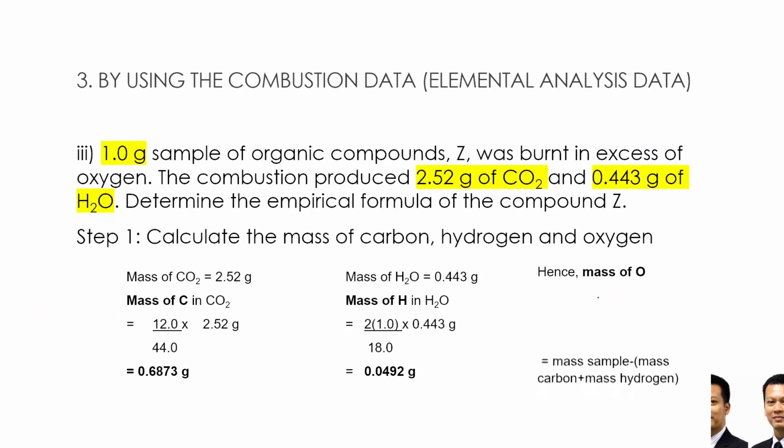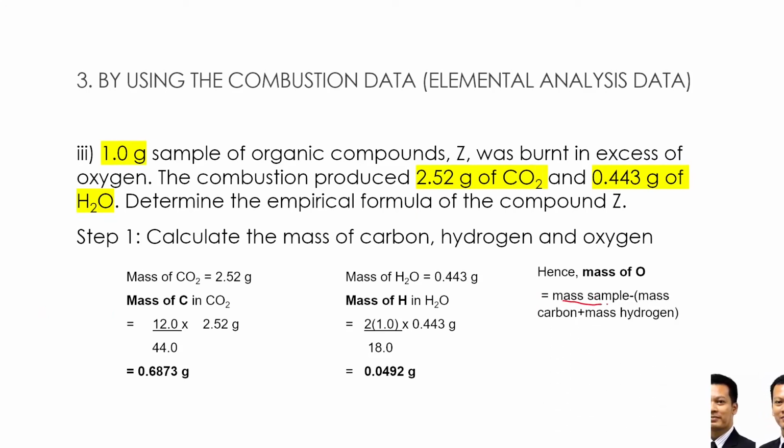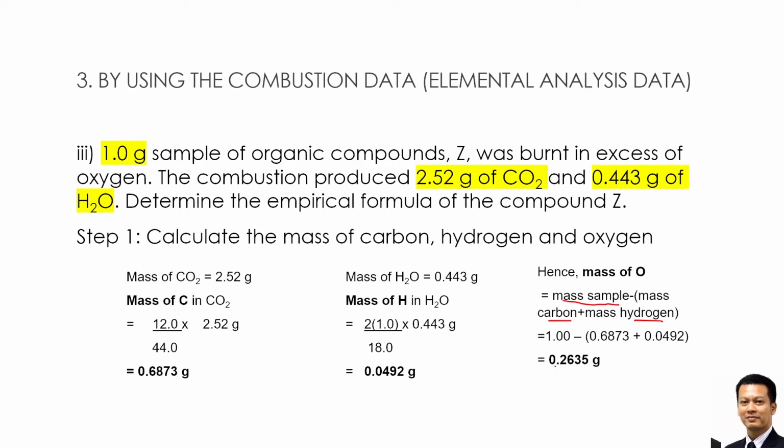So mass of oxygen is mass of sample minus mass of carbon plus mass of hydrogen, just like what I've shown to you earlier. So 1 minus all this, you get 0.2635.